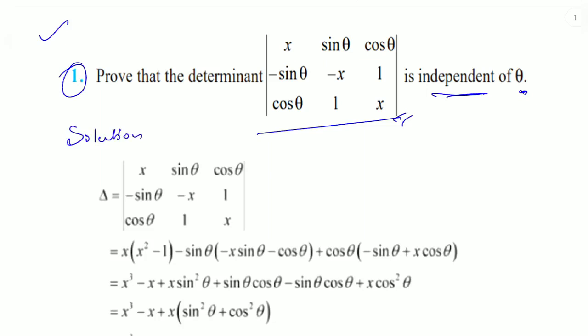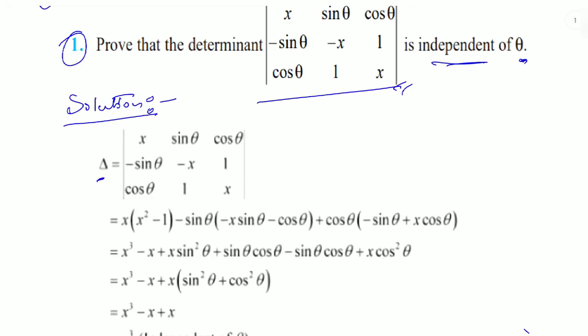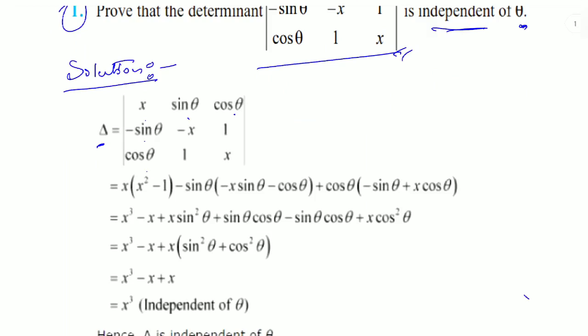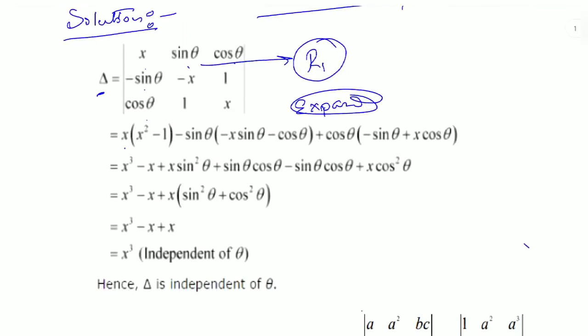The solution has been done in a very simple manner. We have the determinant as delta equal to the determinant of x, sin theta, cos theta; minus sin theta, minus x, 1; and cos theta, 1, x. Here we expand this determinant along row number 1, so that we get x into (x square minus 1).